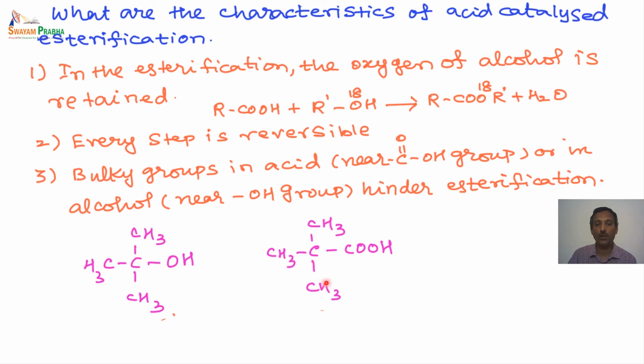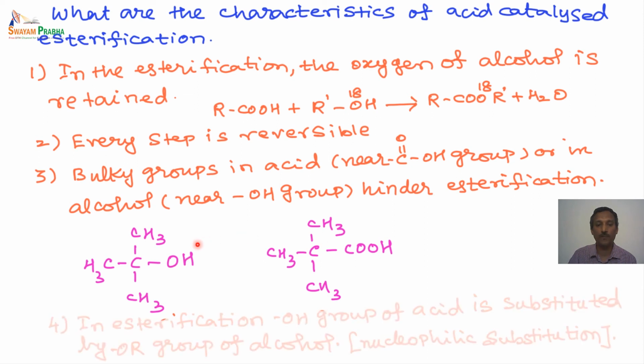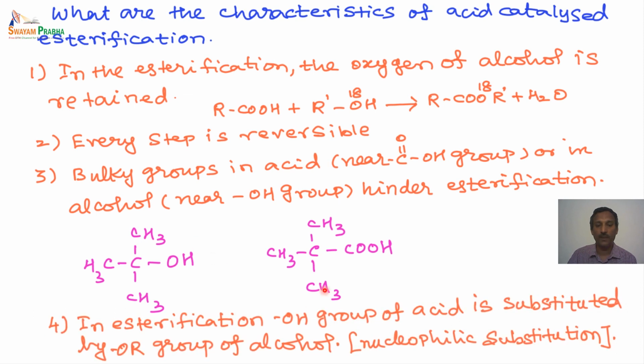In other words, the bulky group present on the functional group carbon, either on the carboxylic acid or as shown here in the alcohol, in both cases esterification is hindered if bulky groups are present. And in the esterification, what happens is the OH group is actually replaced by the OR group. In other words, this reaction is called a nucleophilic substitution reaction.